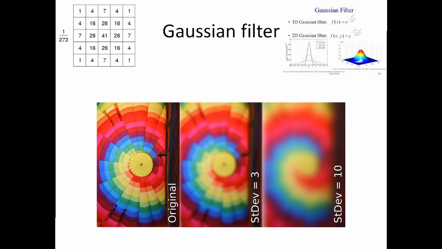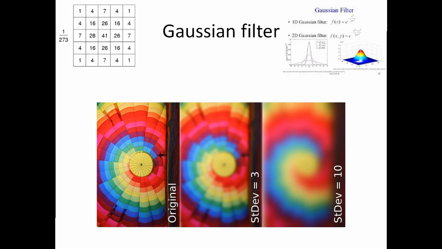Now, how does this Gaussian filter help us? By applying a Gaussian filter, we can get rid of unwanted noise. Consider the image below, named original. When we apply a Gaussian filter, that means when we convolve a Gaussian filter of size 5 x 5 or 3 x 3, as shown in the image at the top left corner of the slide, across the image with standard deviation 3, we get a less blurred image.